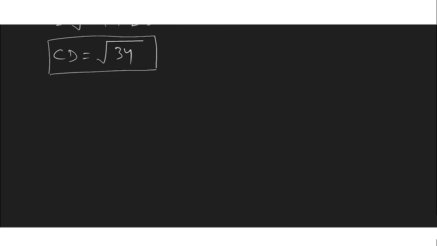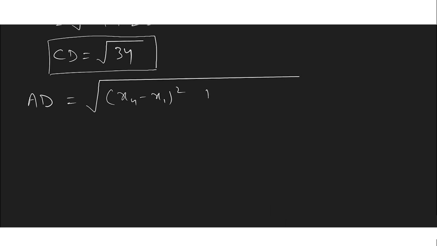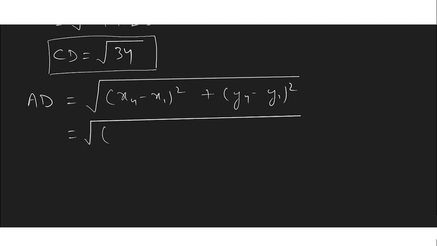Now, let us evaluate the length of the side AD, which will be given by square root of (x4 minus x1) whole square plus (y4 minus y1) whole square. x4 will be minus 4, x1 will be 1, y4 will be 4, y1 will be 7.